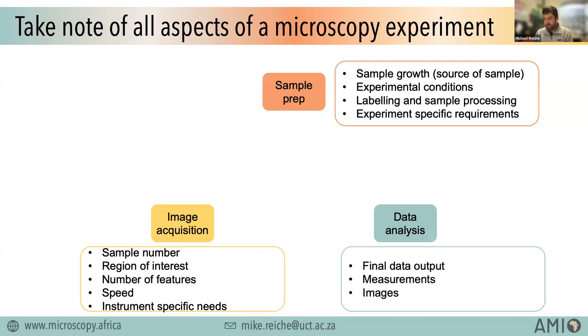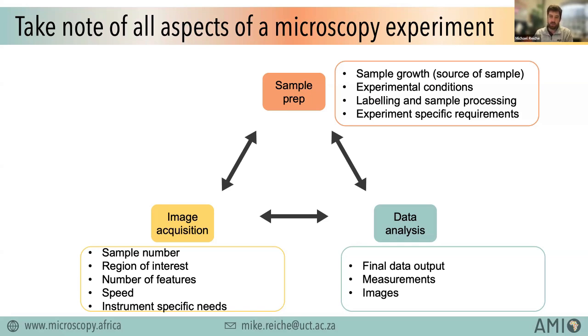And then your data analysis kind of speaks to your final outputs and how you get there after your acquisition. So it includes just the images that you end up looking at, but it also includes those measurements I spoke of, a combination of location and intensity. The difficult part with all of this is that these three things cannot be considered in isolation.